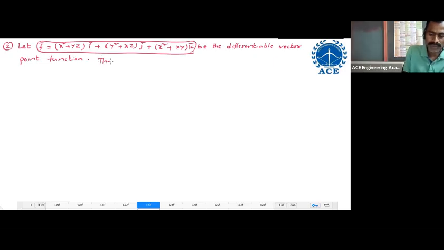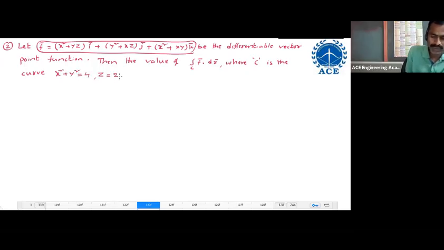Then the value of the integral over C of F bar dot dr bar, where C is the curve x square plus y square equal to 4, z equal to 2, is. Now read the problem.